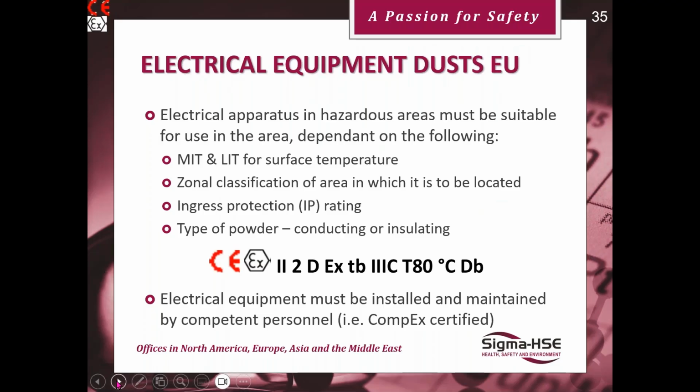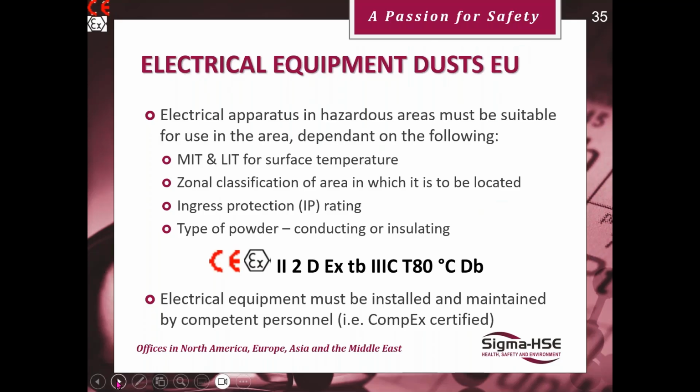Is it zone 20, 21 or 22? And again, let's say for a zone 0 or 20, the specification is far higher to stop an ignition. Ingress protection: can you stop the dust getting into the equipment? And the type of powder, is it conducting or insulating?